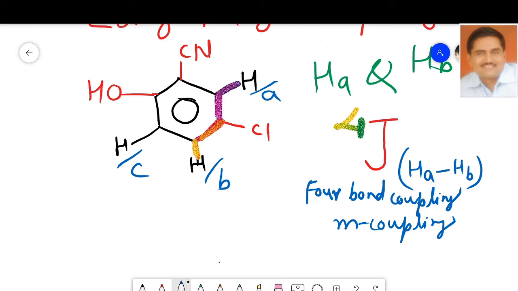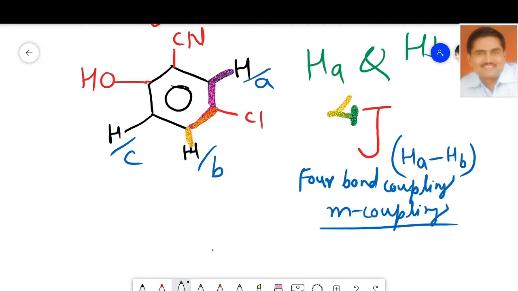In this case, ortho coupling is the example of vicinal coupling, but meta coupling and para coupling are the examples of long range coupling.